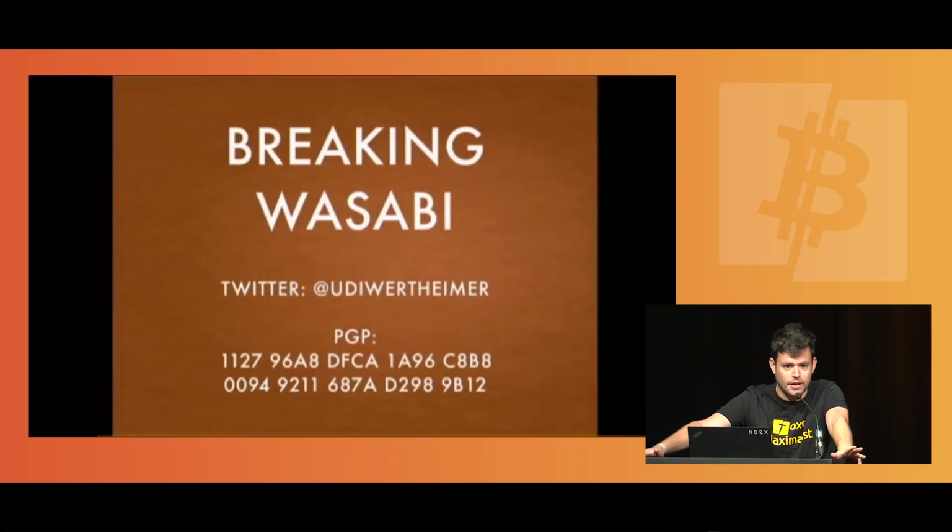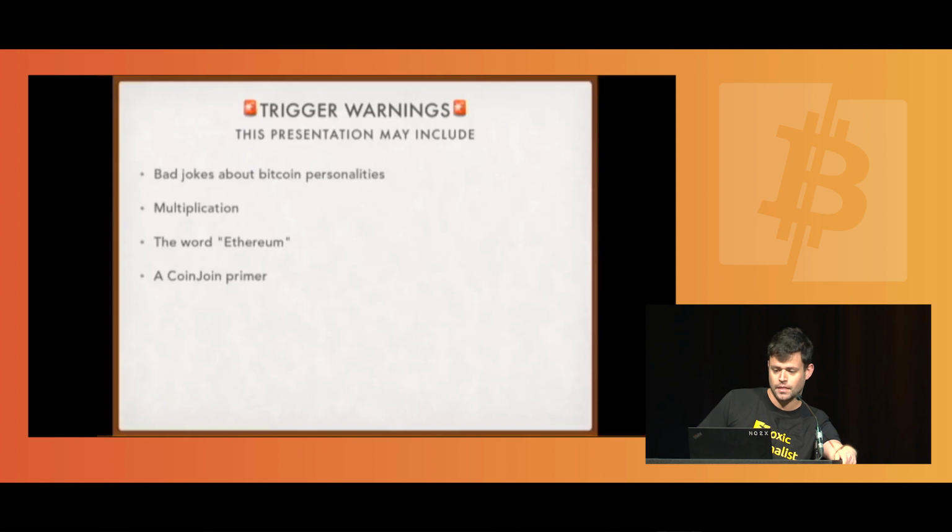Now, before I begin, I've been told by a few people that some think I may be a little bit toxic or a little bit provocative sometimes. So I want to set expectations. Let's start with some trigger warnings. This presentation may include some traces of bad jokes about Bitcoin personalities. It might have some multiplication, so make sure you're fine with that.